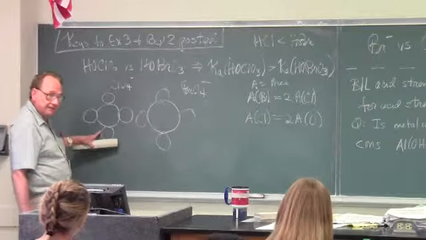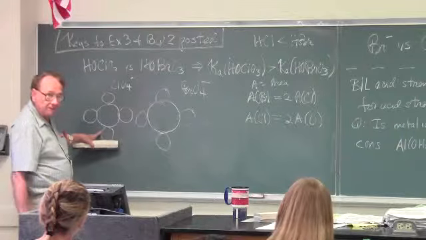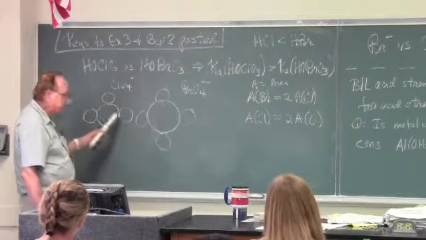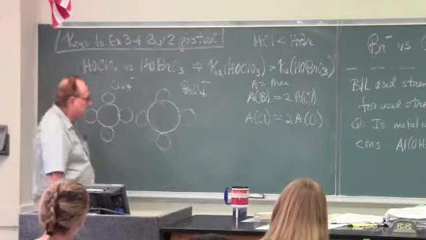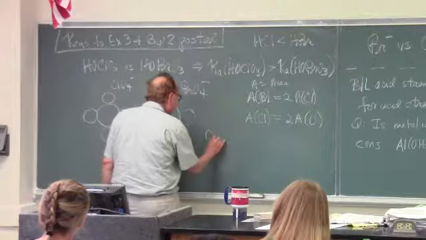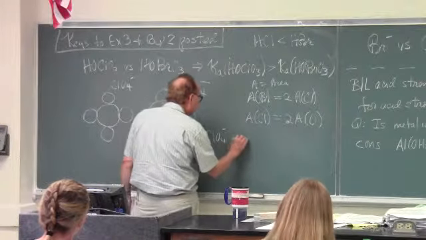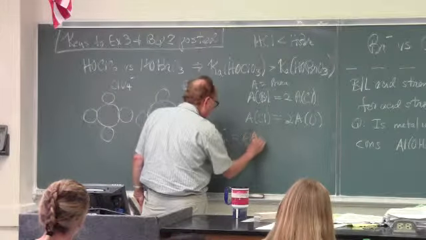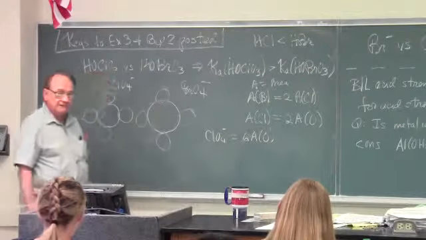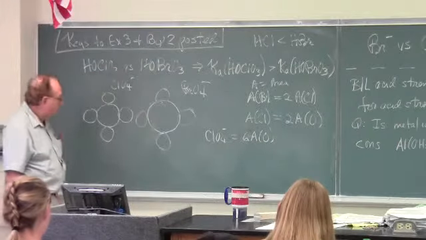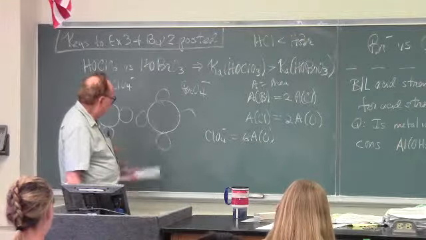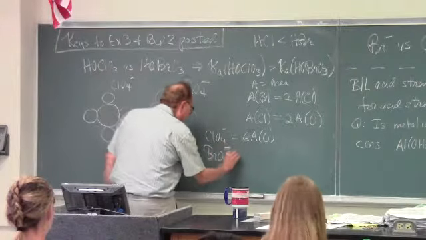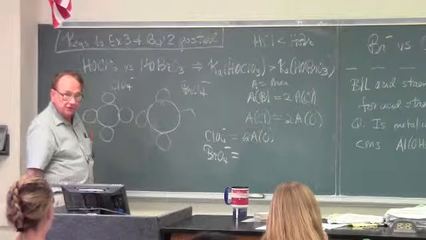Well, what's the size of this thing? This is chlorine, which is 2 oxygen areas, right? Plus 1, 2, 3, 4 more. So the total area of this in terms of oxygen is 6 oxygen areas. All right? What's this? Well, we got 1, 2, 3, 4 oxygens.